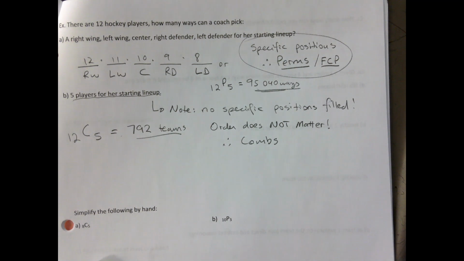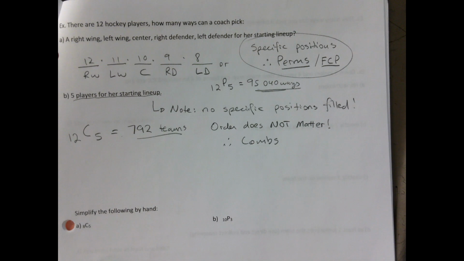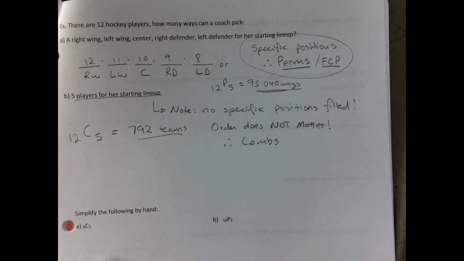If I turn this around, it's like, hey, you go on the skating rink and line up, we want to take a picture. All of a sudden, that turns into permutation. Because now, every picture, it matters where you stand, right? So I'm trying to contrast, what are you looking for? What are some keywords to see that? Okay. Simplify by hand. Let's do this real quick.